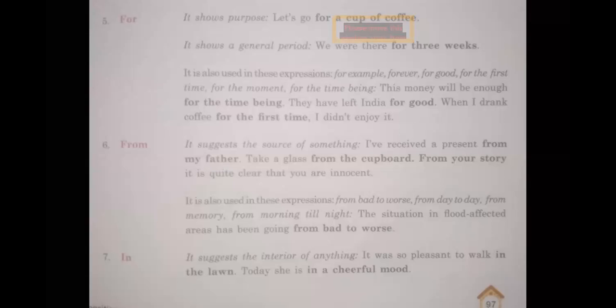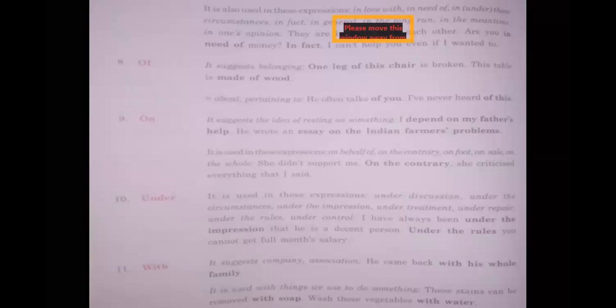Today she is in a cheerful mood. उसका जो mood है ना, वो बड़ा अच्छा है. You talk about internally. It talks about the interior things, internally things. The next, what we find here, it is also used in these expressions. Now you see the expressions here: in love with, in need of, in these circumstances, in fact, in general, in the long run.